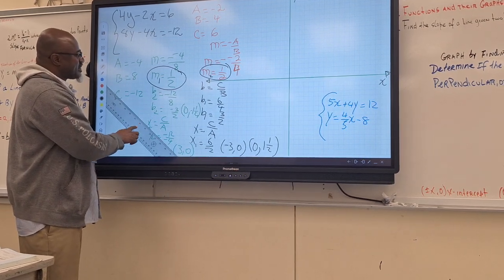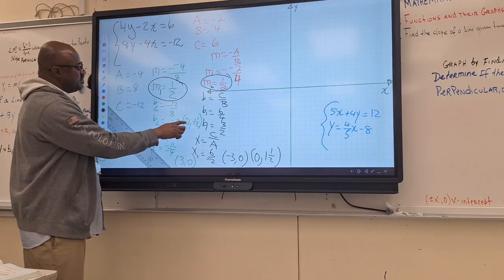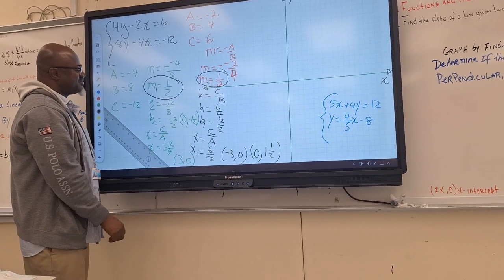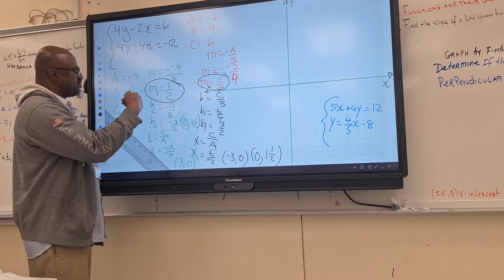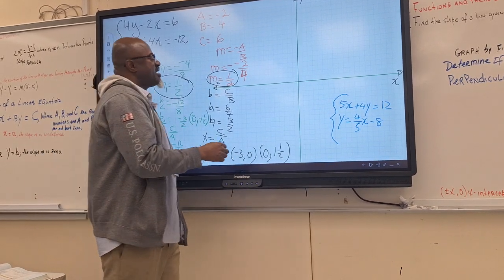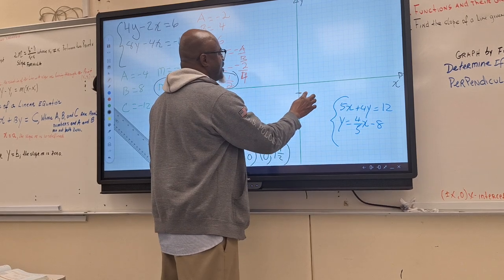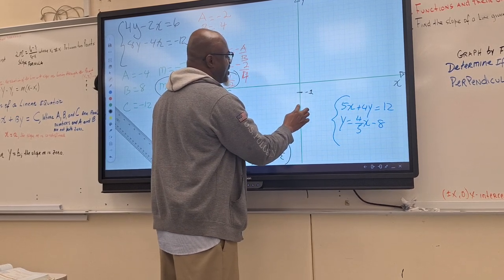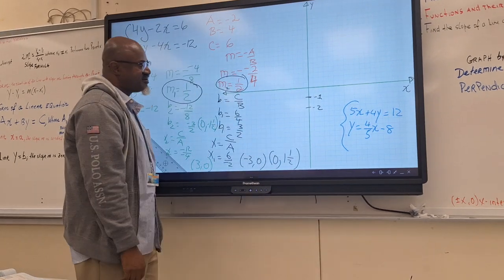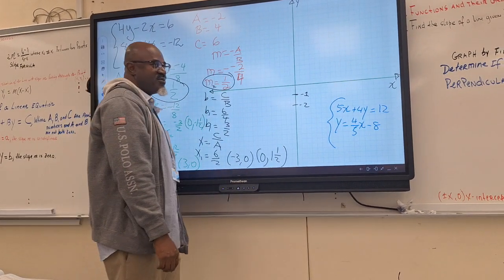So let's plot this point, 0 and negative 1.5. What direction is that going to be? Down. You plot negative 1 and 1/2 on the bottom. You go down 1 unit and 1/2.